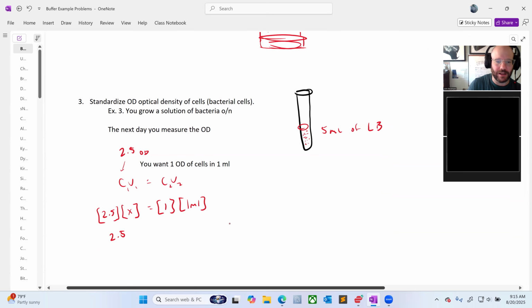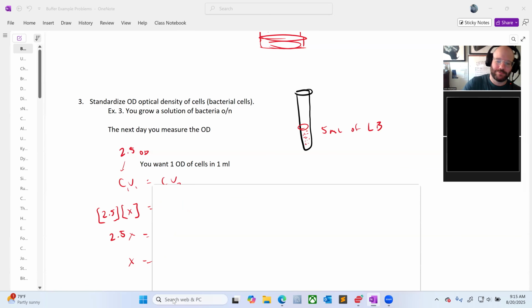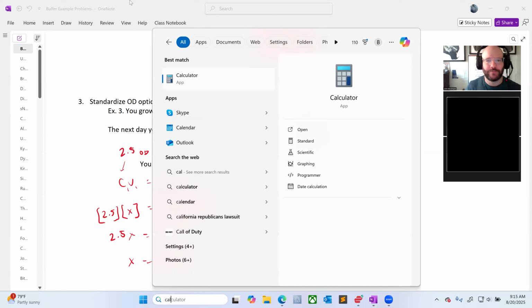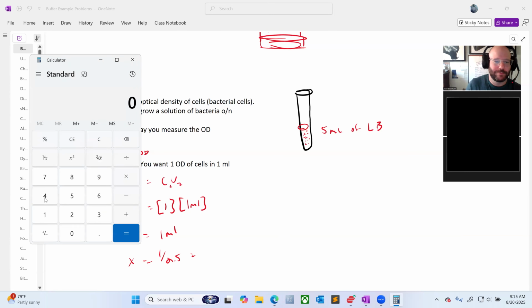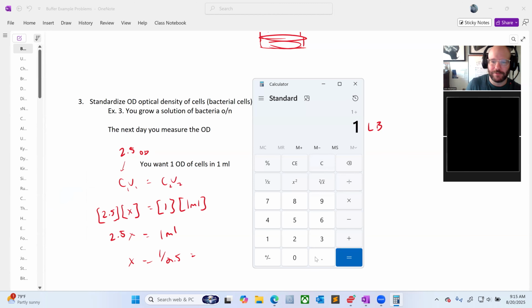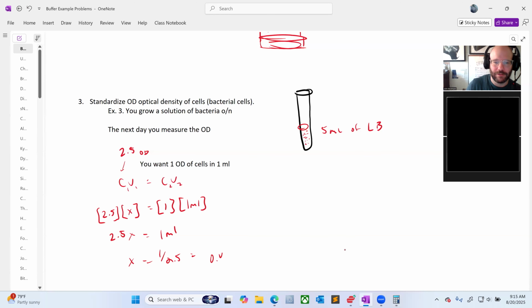It's just 2.5 X equals 1 mil, X equals 1 divided by 2.5. I always double check my calculations, even if I do things by hand or in my head. It's 0.4, and the units are mils in this case. So 0.4 mils is 400 microliters.